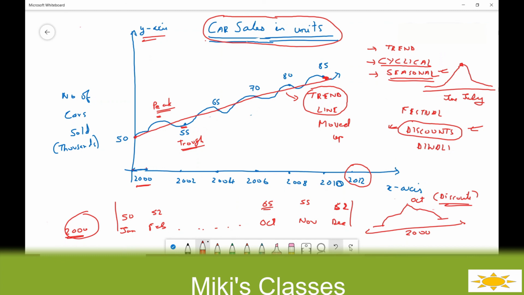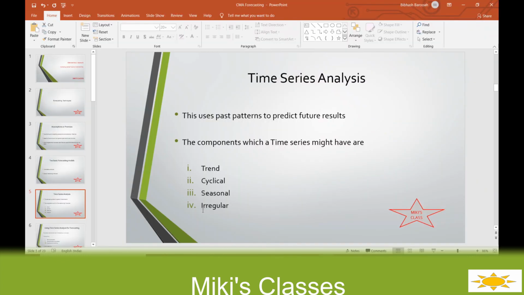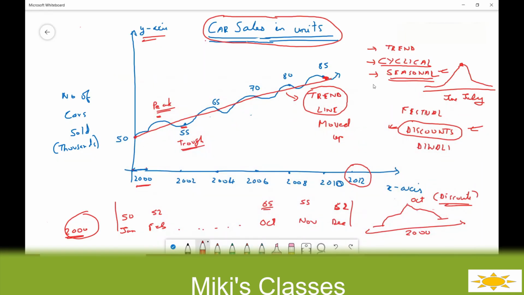Okay. And then if we check, there's this last component called irregular. As the name suggests, there are some movements which just happen without us being able to explain too much about it. That is what is called the irregular component.